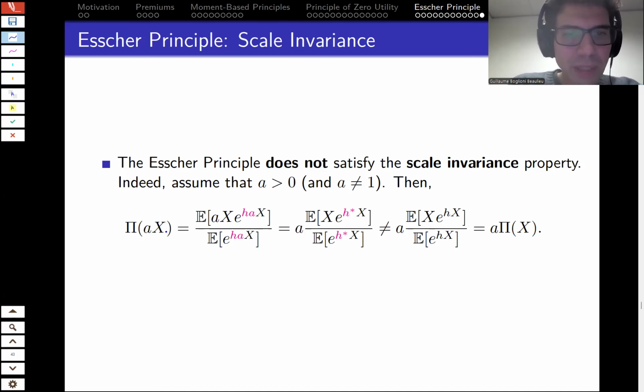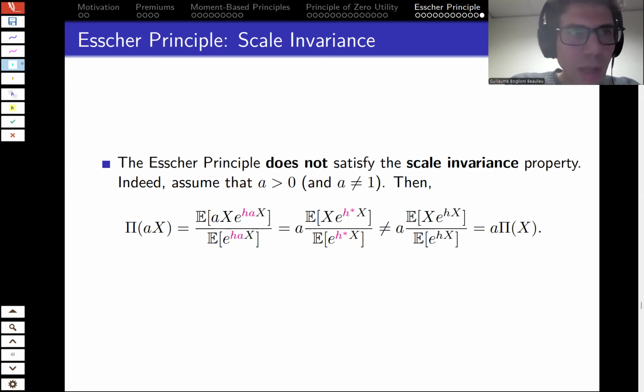Why? Well, let's first write explicitly what this premium is. In the general statement of the premium, you just replace x by a times x. So a times x is here, a times x is here, and a times x is here.